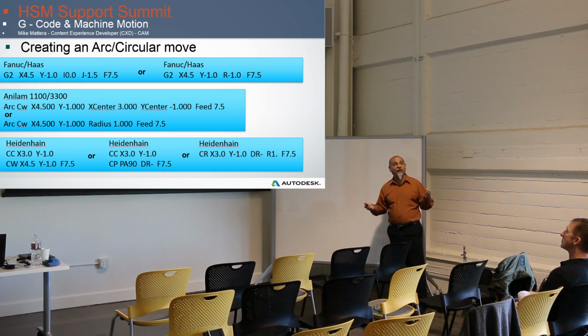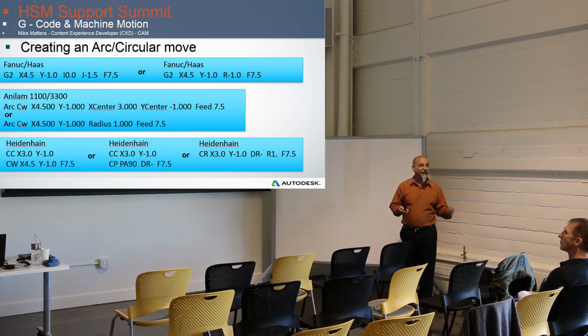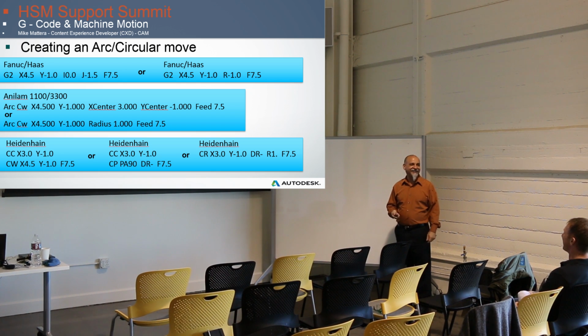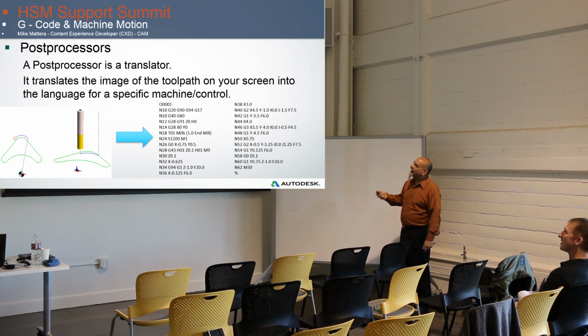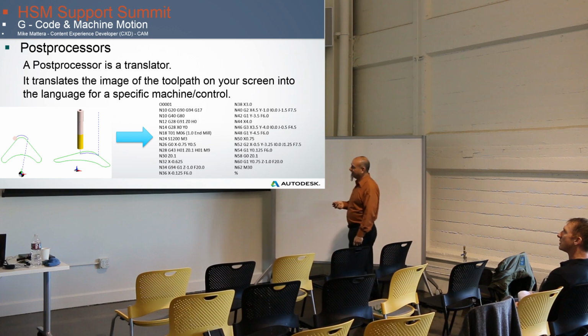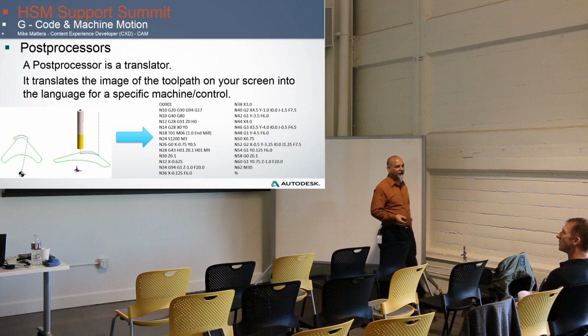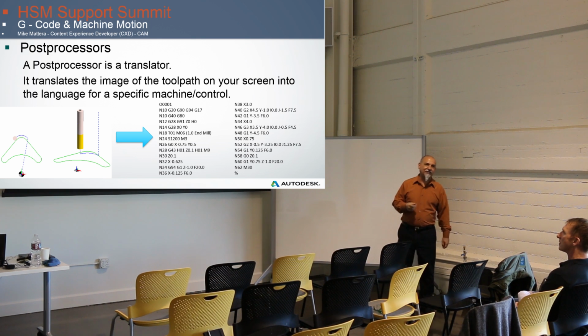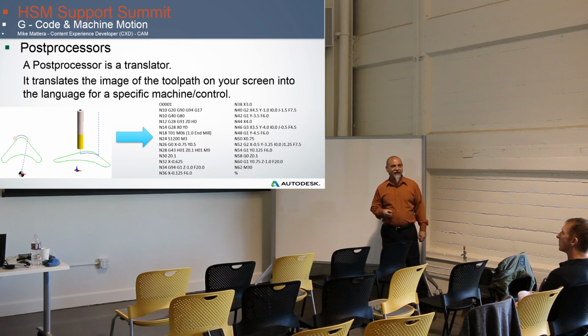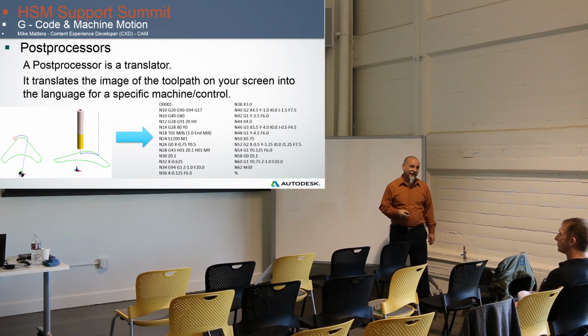And that's why we have so many posts. Because people need different things. So post-processors are translators. They translate the image of the toolpath into the language for the machine. This is where the rubber hits the road. If we don't do this right, we're not doing anything.